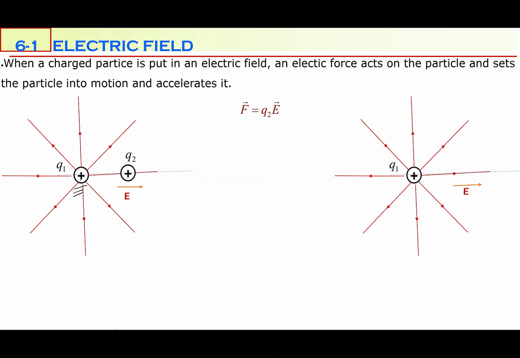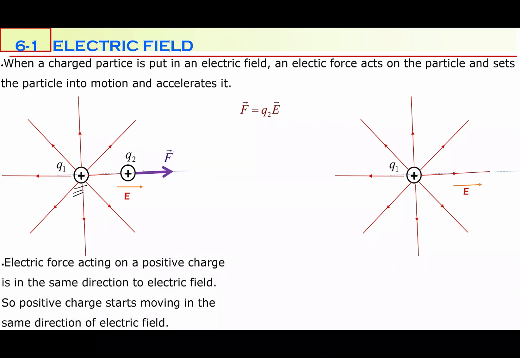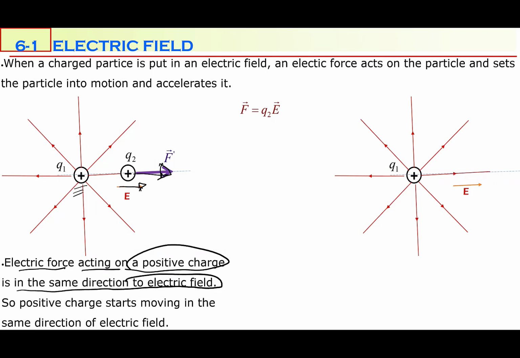Because positive repels positive, for a positive charge, the electric force acting on the charge and the electric field will be in the same direction. The electric force acting on a positive charge is always in the same direction as the electric field. This is very important for chapter 5 and chapter 9.